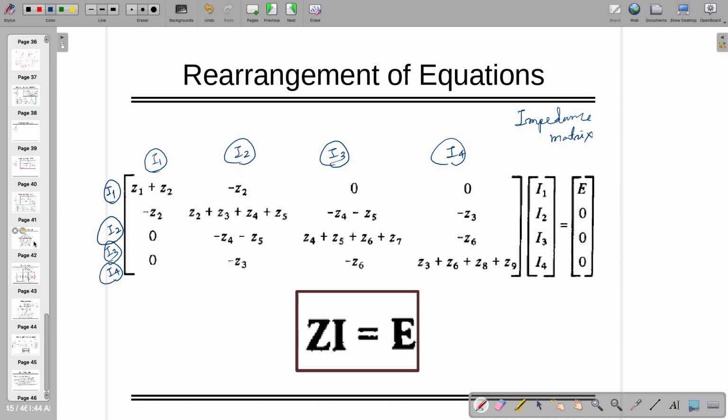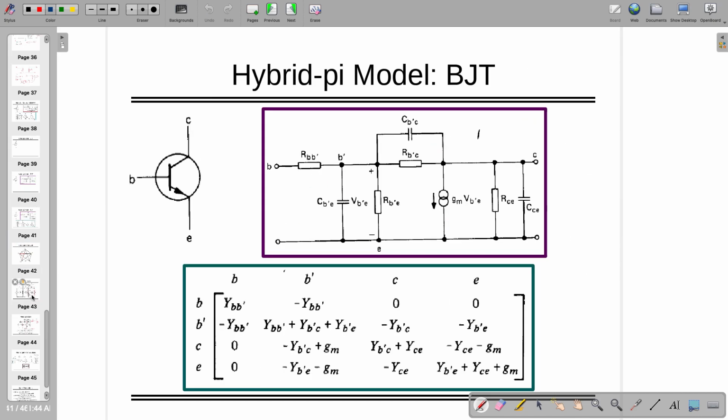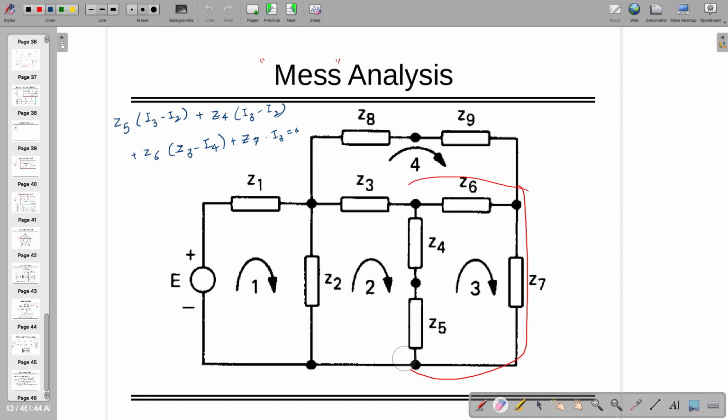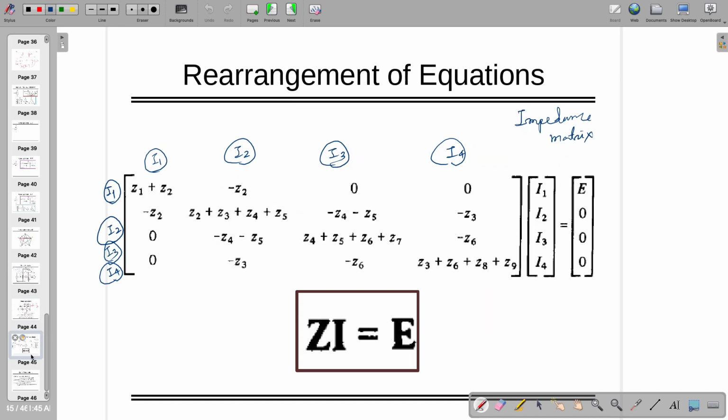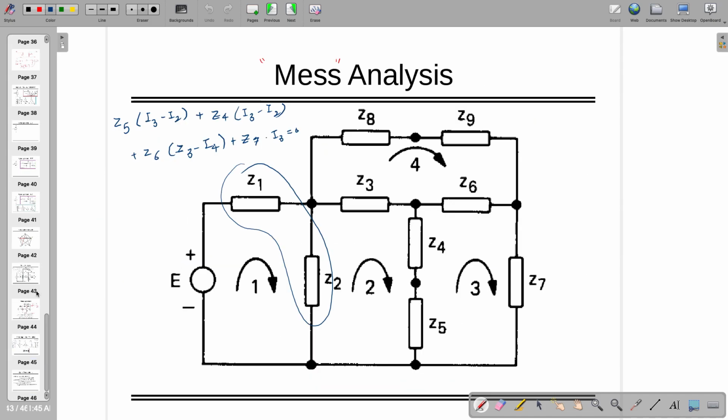So now between I1 and I1: the I1 current is flowing through how many components? These two. So you are going to write Z1 plus Z2 in the position of Z11. Now I'm interested in Z22, which is coming diagonally.